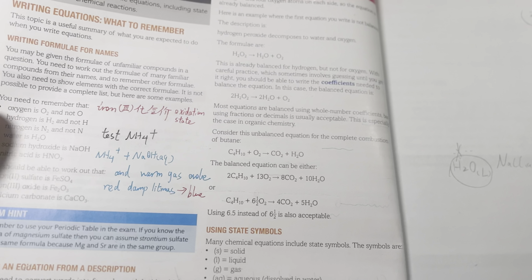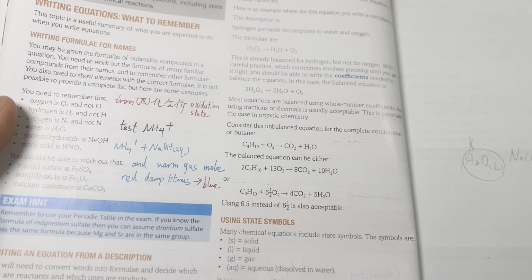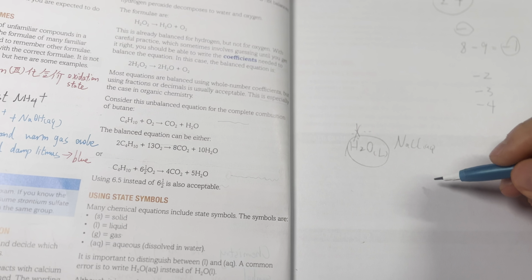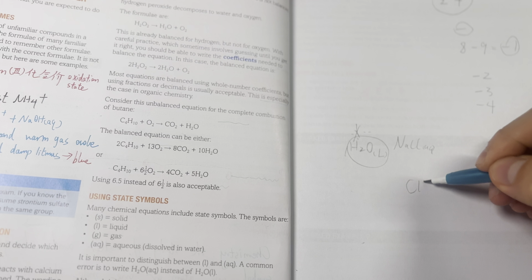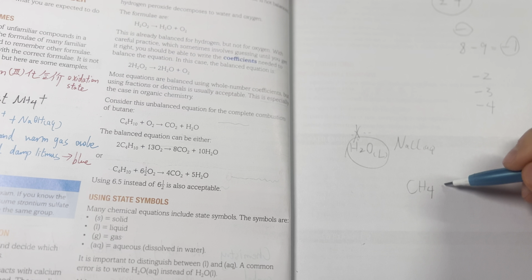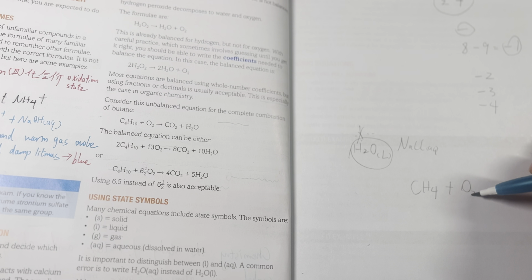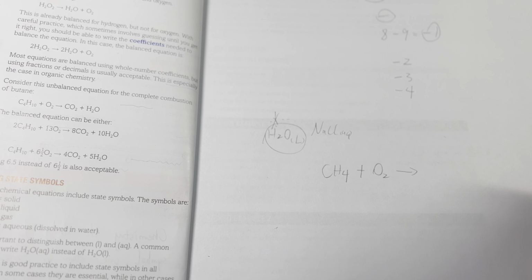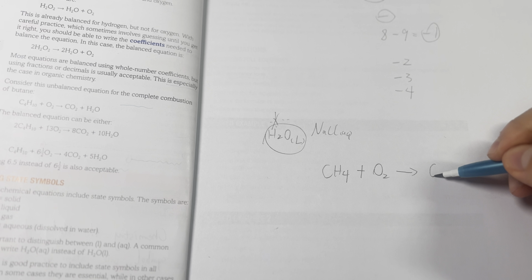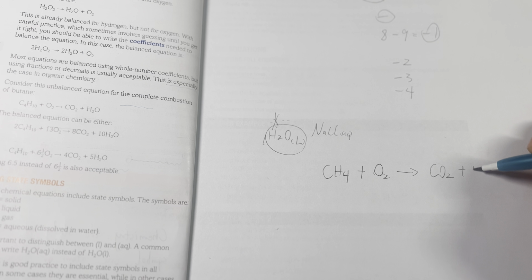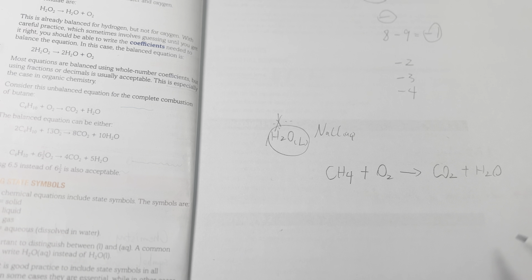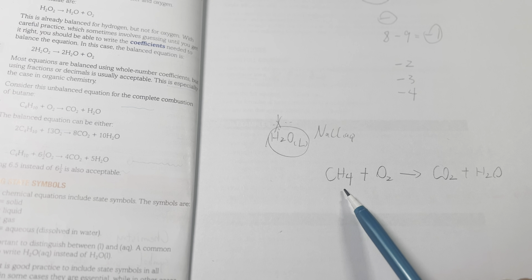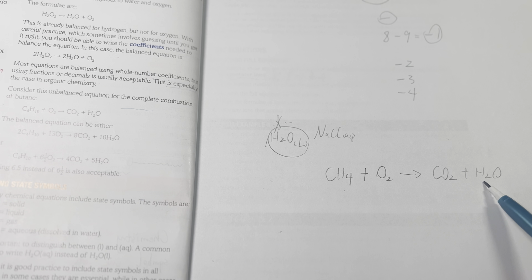And also, you have to learn how to balance the equation. For example, methane burning. We know that if it's complete combustion, it will form carbon dioxide and water. But this equation is not balanced because here there are 4 hydrogen and there are only 2 hydrogen.